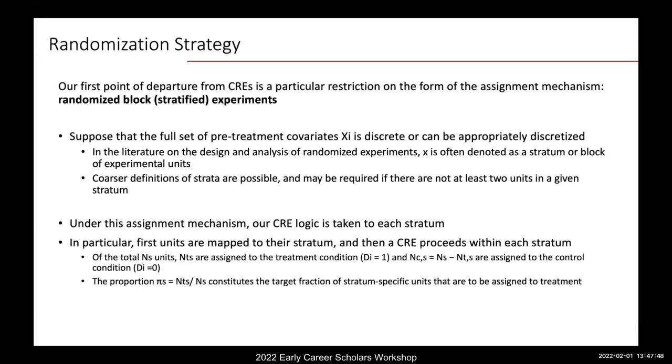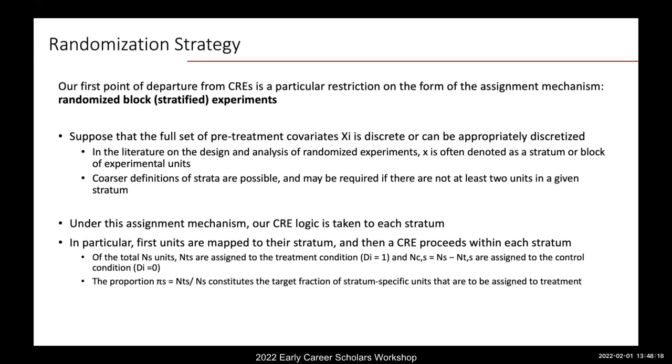But it might also be that you're interested in something more granular, and then you could say, I'm interested in gender within a village, and I'm going to be making blocks of specific village female and specific village male, and then I'm going to be randomizing on those strata.